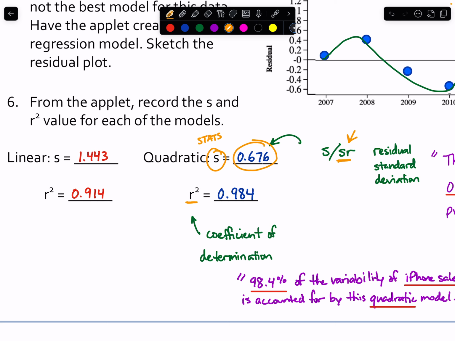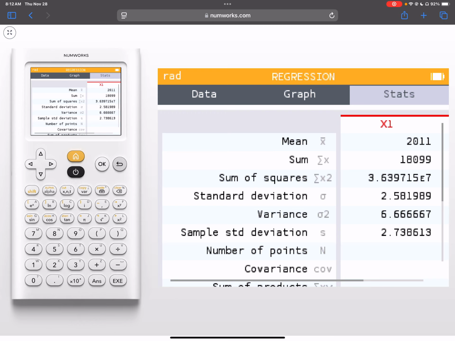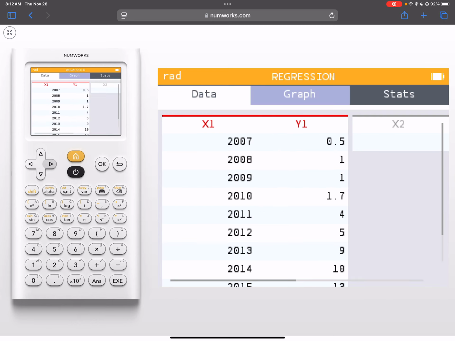R squared is called the coefficient of determination. That shows up in a different place, under your regression information. I know I'm bouncing back and forth and going pretty quickly today, but you guys can slow this down or watch back whatever you need to.